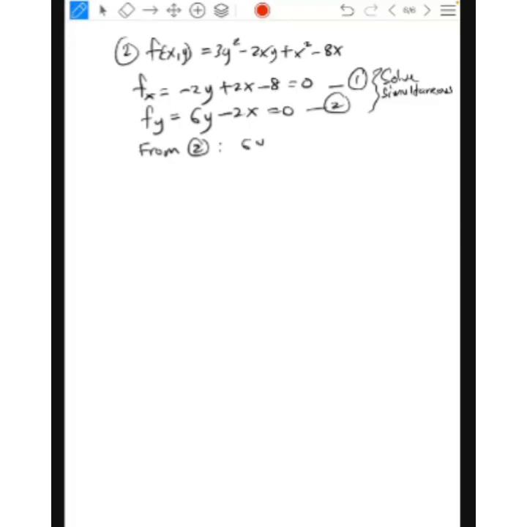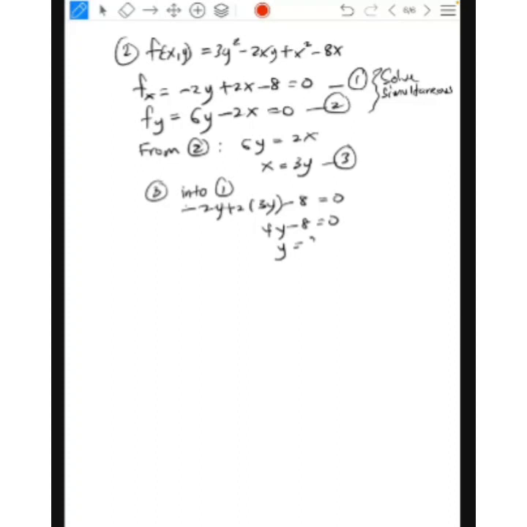you have 6y equals to 2x, or x equals to 3y. Okay, substitute 3 into 1, we'll have negative 2y plus 2 times 3y minus the constant equals to 0. So 4y minus the constant equals to 0, y equals to 2.